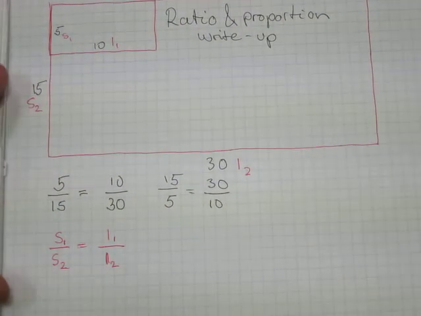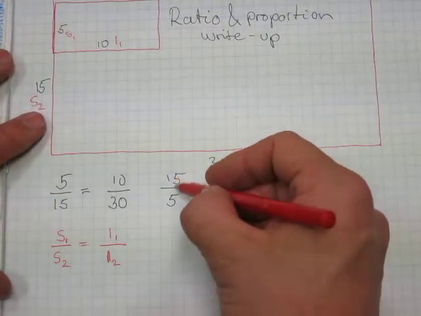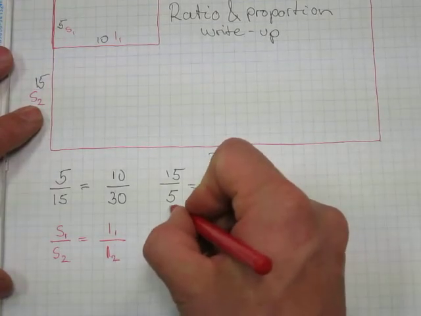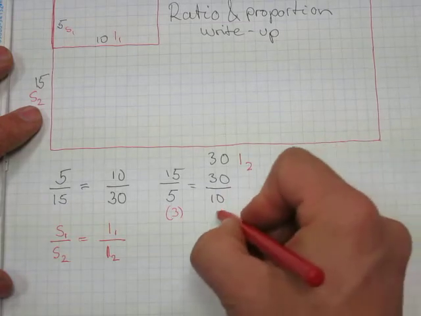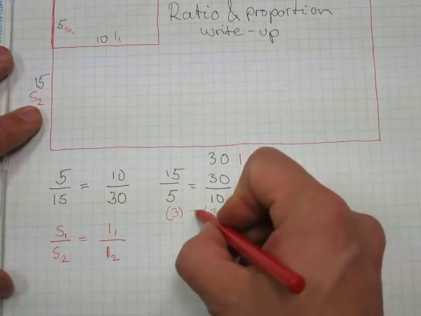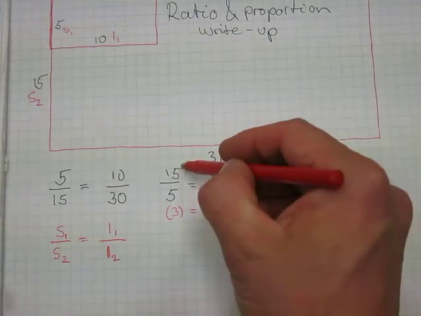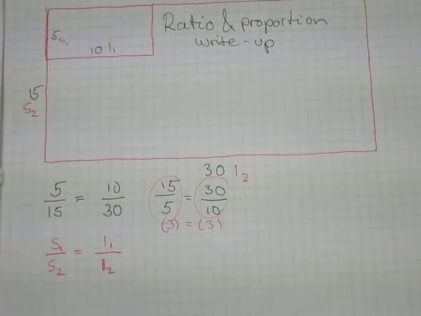And just to make sure that the amounts are indeed equal, let's do a calculation quickly. 15 divided by 5 equals 3. 30 divided by 10 is also 3. So the amounts are equal, and the equality on both sides of the equal sign is true.